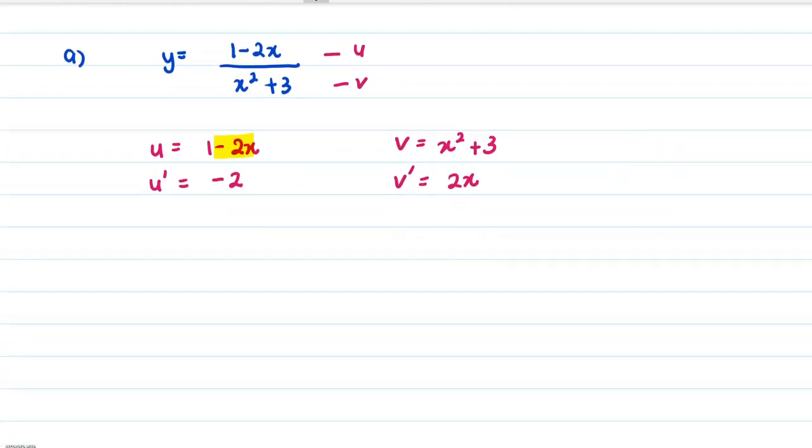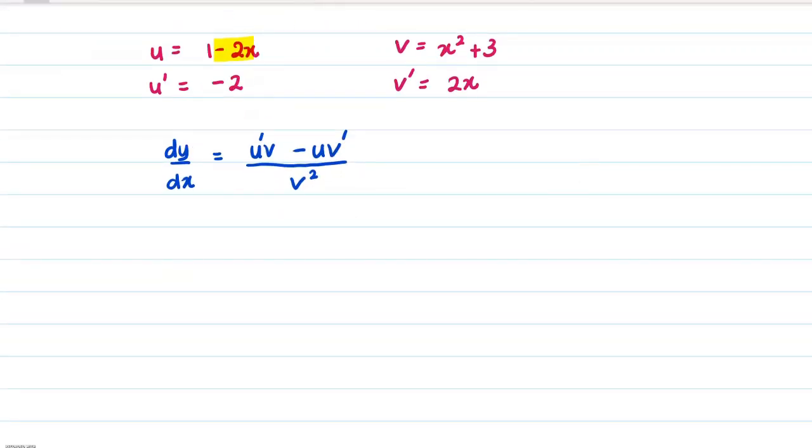Okay, so now we want to find your dy/dx. The formula is given as u'v minus uv', prime at u, prime at v, and then divided by v squared. And we just substitute. You will have u prime is negative 2 and then your v is x squared plus 3. So dia akan jadi macam ni lah, silang.